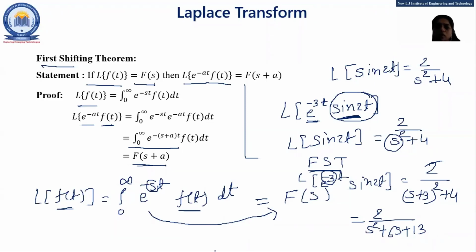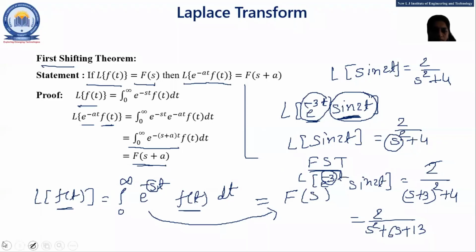So for applying the first shifting theorem, there are two terms in multiplied form. One term is exponential and the other term is the function of t. First, you have to apply Laplace on your function of t, and then if there is a minus sign in the exponential term, you have to replace s by s plus a. If there is a plus sign in the exponential term, listen carefully, you have to replace your s by s minus a.